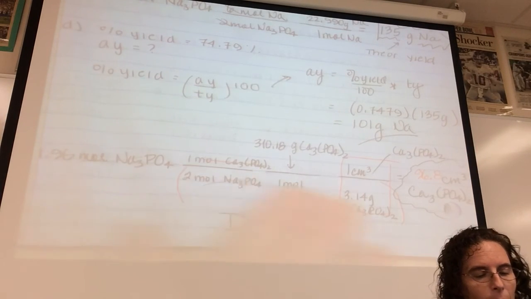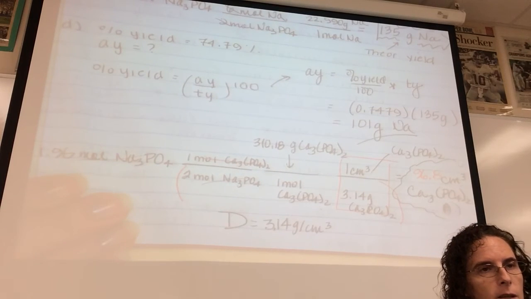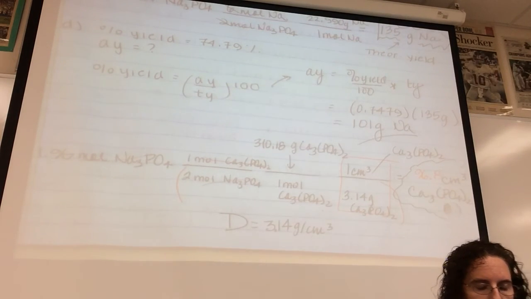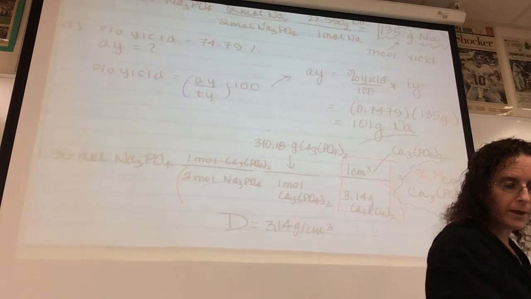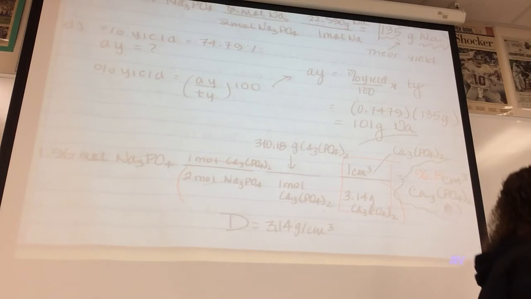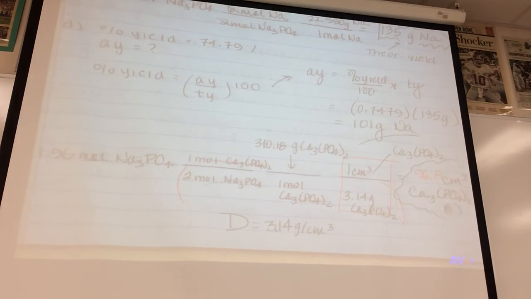So this is how I could link volume to limiting reagent. Again, use your limiting reagent. We can go back and do this if you want, or you can try it. Make sure you use your limiting reagent. If you start with moles, you will do a mole ratio to convert to the other substance. Then it's looking like a mole to mass problem.